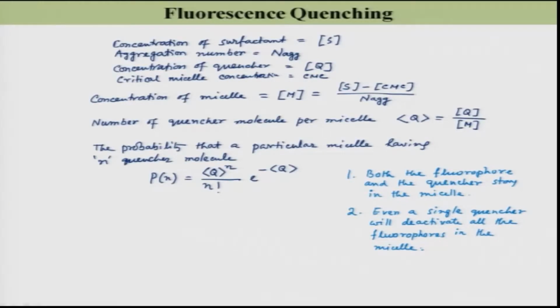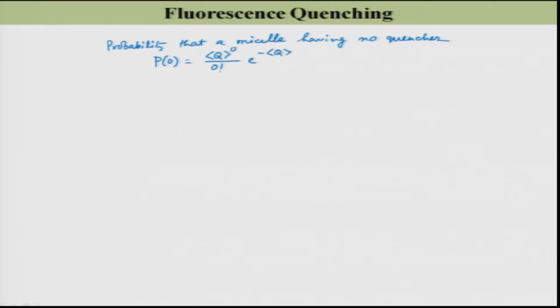If so, then let us see what will happen. So, then I can write the probability that a micelle having no quencher, that is simply P 0, which is average q to the power 0 by factorial 0, e to the power minus this average q, which is nothing but e to the power minus average q, right.